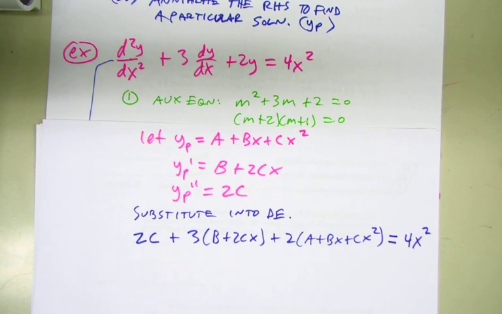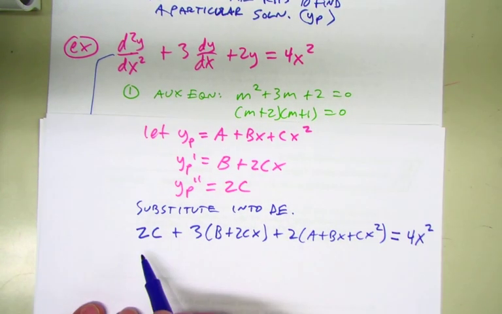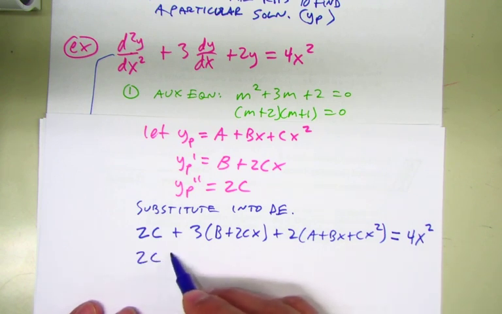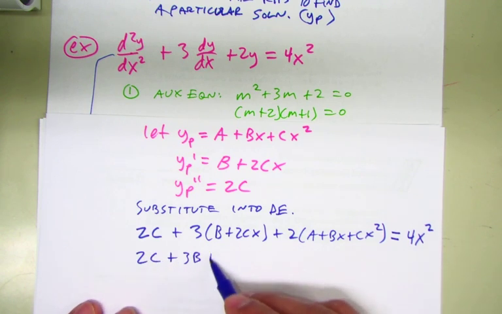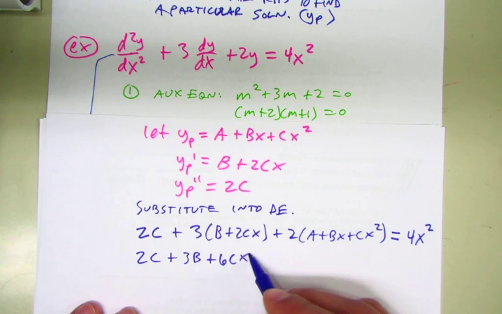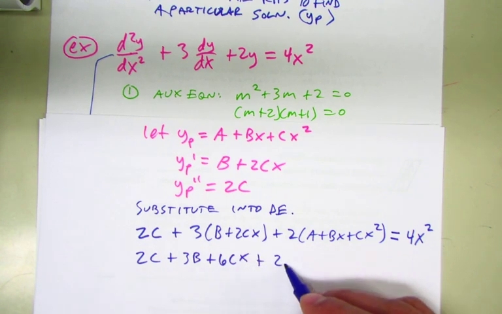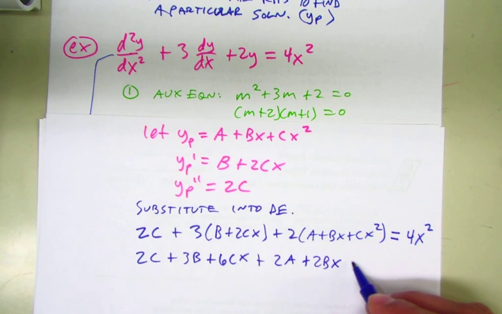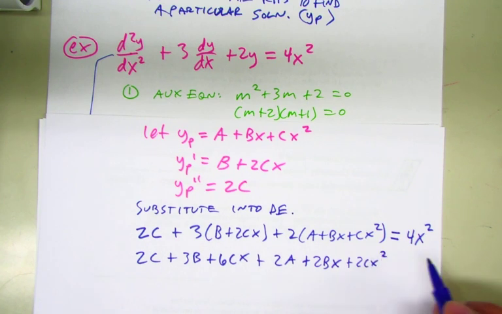Okay, so now what we can do is, it's almost similar to what we do with partial fractions. You want to compare the coefficients of all the terms that you have. So here, let me just rewrite this. This is 2c plus 3b plus 6cx plus 2a plus 2bx plus 2cx squared. Okay, and that must equal 4x squared.